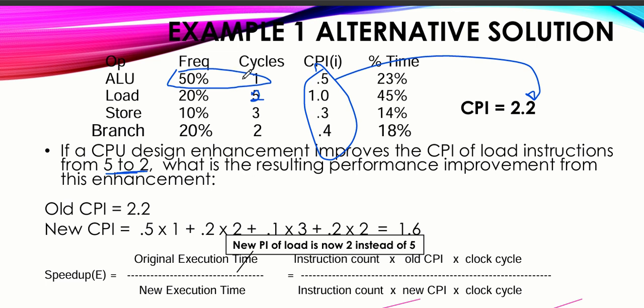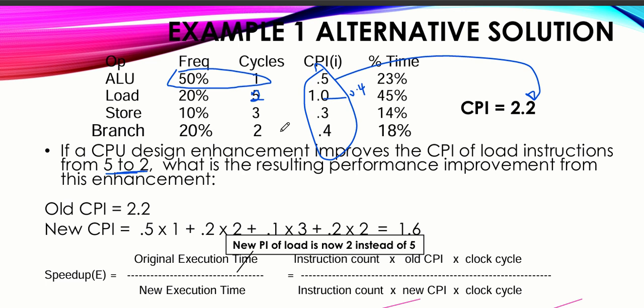So when you use 2 and start doing the multiplication, 50% times 1 gives you 0.5, but 20% times 2 will give you 0.4. So instead of here being 1, here will be 0.4. Now you can go ahead with the other calculations; they won't change.